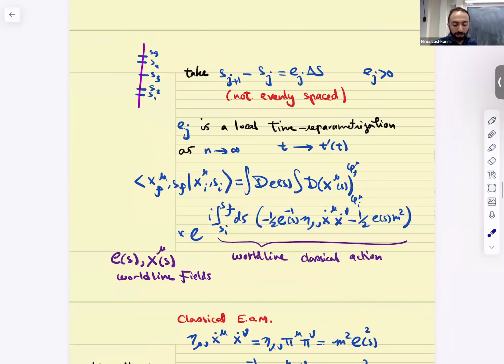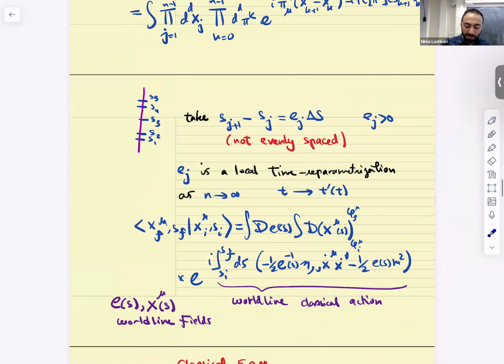All right, so here it is. I take the continuum limit, I end up with the following path integral. Path integral over De of s, which is now, there are two sets of fields that live on this worldline. One is the x^mu of s. The other one is e of s, which is the reparameterization.